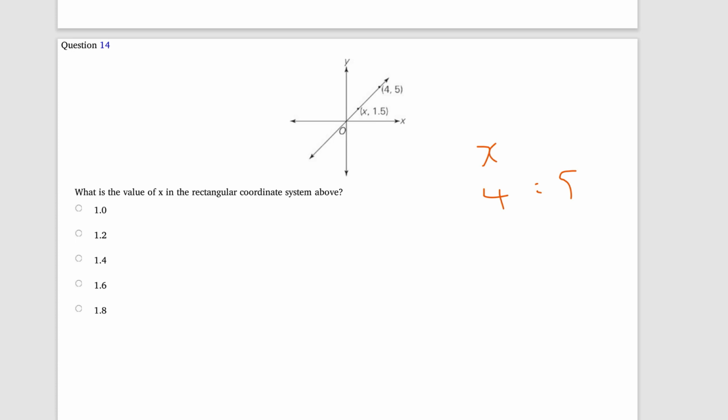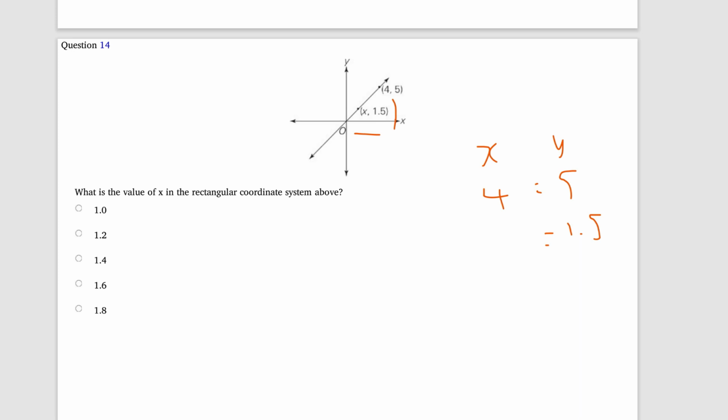We went across by 4 and up by 5. To be on that same line, this other coordinate has to be in that same ratio. Except we know the y-coordinate already. We know it's 1.5. So, how do we find that missing x value?